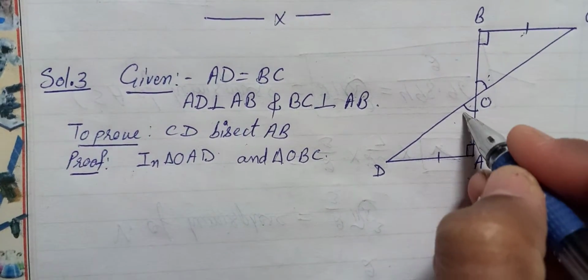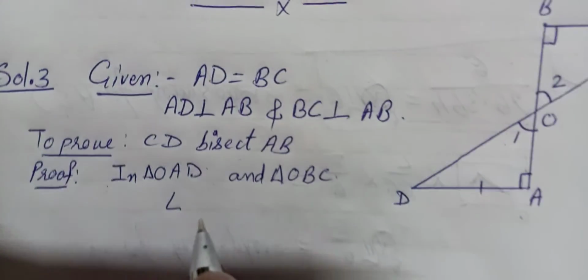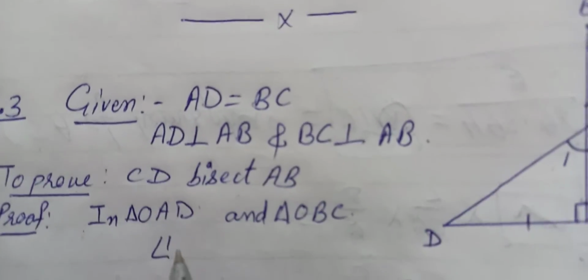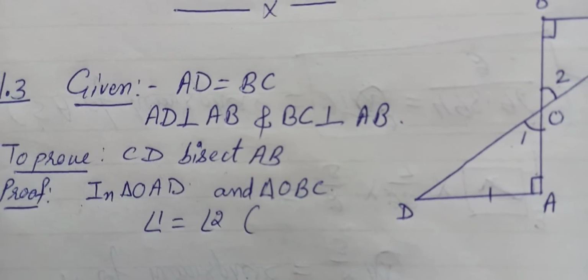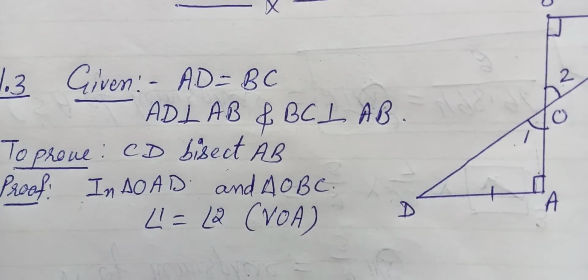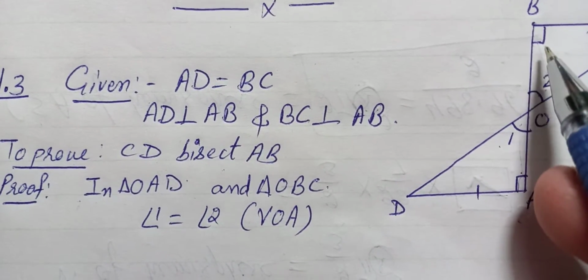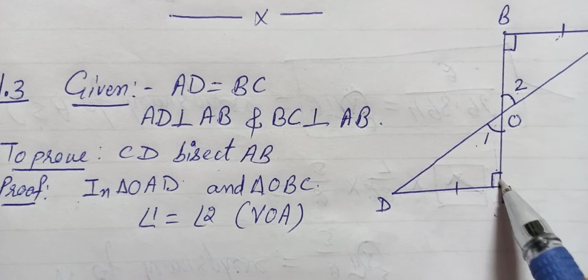So first of all we will write this. Angle 1 is equal to angle 2. Why so? They are vertically opposite angles. Then angle B is equal to angle A, each 90-degree. Why?